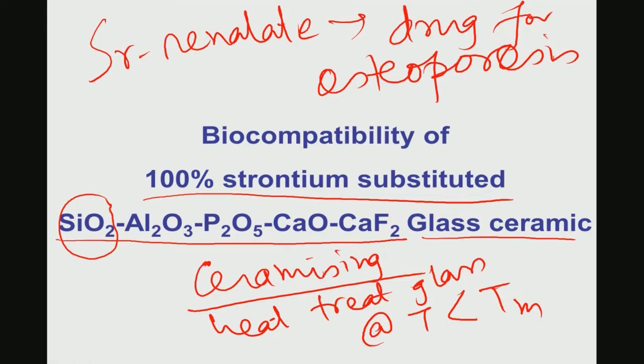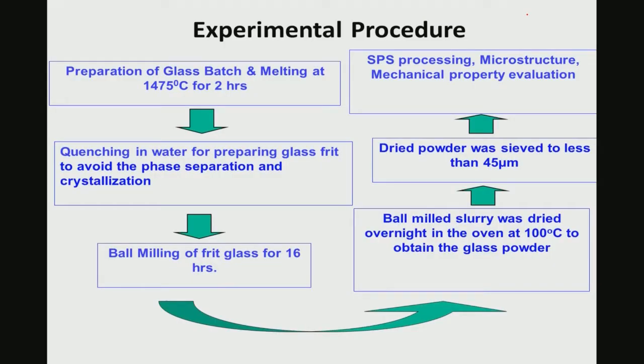Having said that, these particular glass ceramic materials were sintered by the following route. Glass melting takes place at 1475 degrees for 2 hours, and as I said in one of the earlier modules, in a multicomponent glass composition one needs to use sequential or repeated melting to homogenize the glass composition.